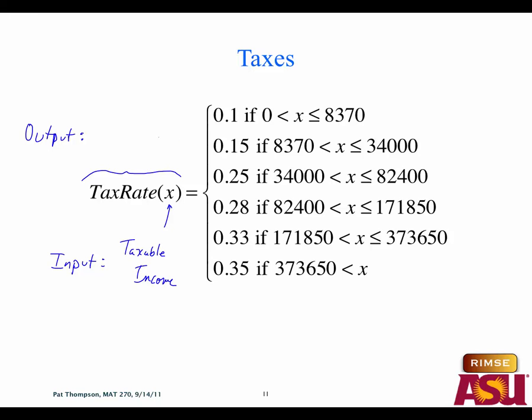Percent of what? Percent of taxable income as a decimal. Is that a rate of change? 0.25. Is that a rate of change? Given a change in x, your taxable income, is the corresponding change in your tax due 0.25 of that?